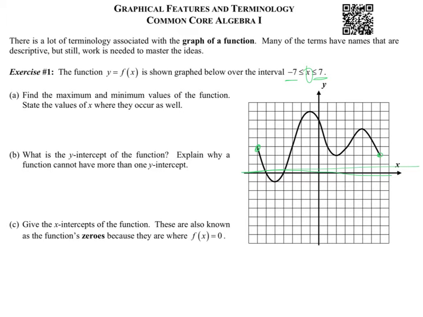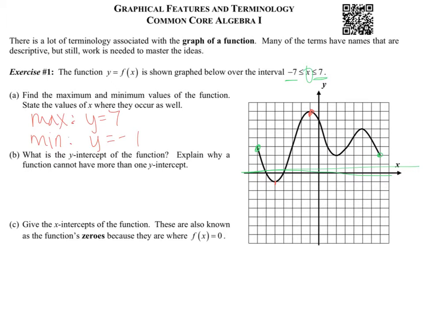So the first question is find the maximum and minimum. Maximum is obviously the highest point. The maximum is when y equals 7. And the minimum is when y equals -1.